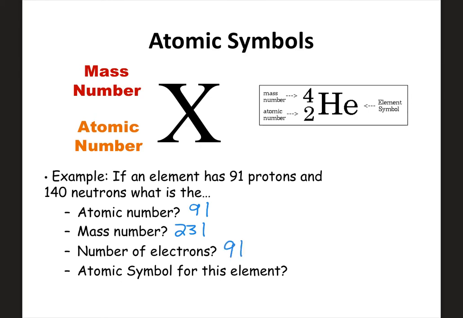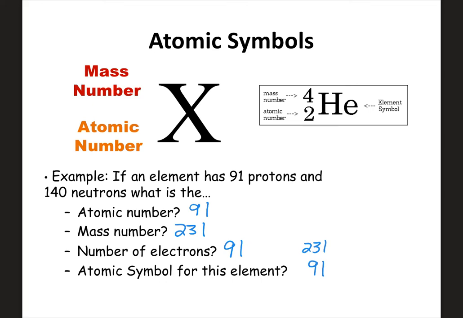And the last thing it wants you to do is write the atomic symbol for this element. So that means you want to do it in this notation with the mass number and the atomic number in front. So it should be 231, the mass number, on top, and 91, the number of protons or the atomic number, on the bottom. And then when you actually look up the element symbol, you're doing this for element number 91. So you have to find the element that has that atomic number.